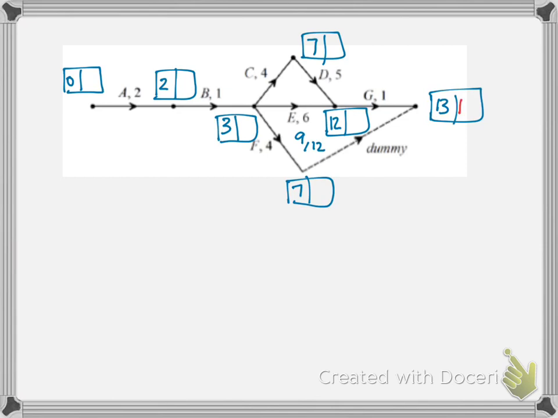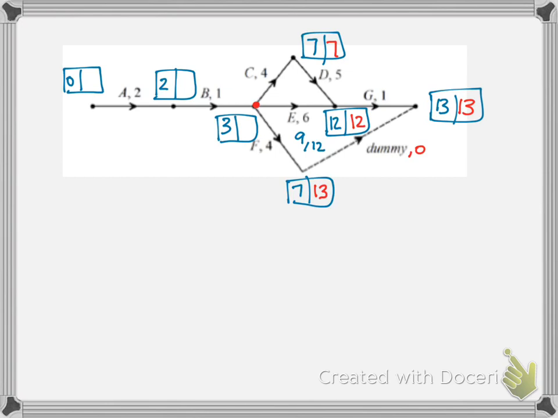Then we can do our backward scanning. So 13, take away 1 gives me 12, and then take away 5 gives me 7. So if I go through my dummy 0, 13 minus 0 gives me 13. Well, actually, let's go back. I moved too quick there. So when we're having a look now at this vertex here, we can have 7 minus 4 would give me 3, 12 minus 6 would give me 6, and 13 minus 4 would give me 9, okay?